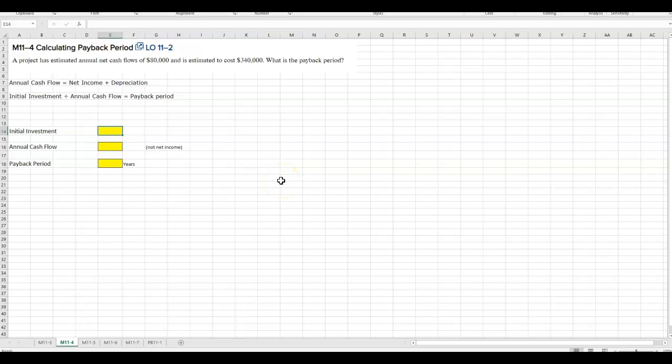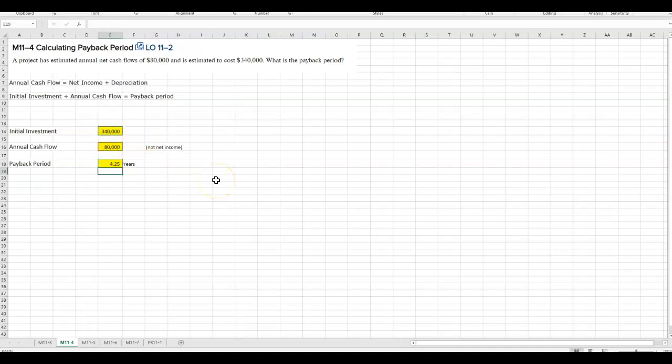So the initial investment is $340,000. The annual cash flow is $80,000. We pay back our initial investment in a number of years. How many years? Well, we take our initial investment and divide it by our annual cash flow, and we come up with 4.25 years.